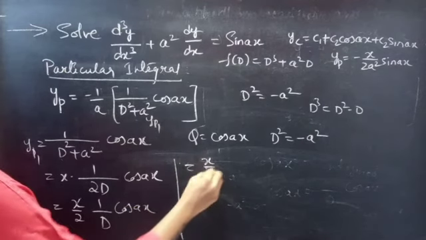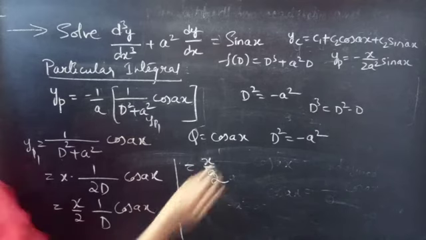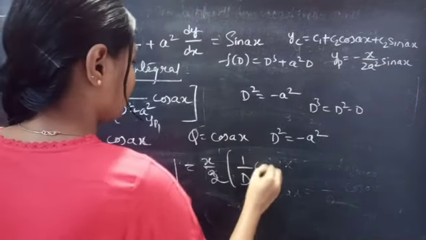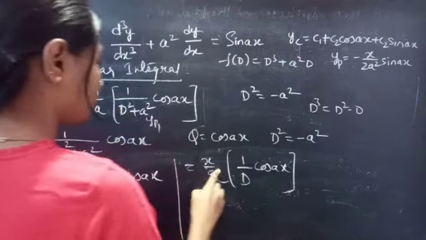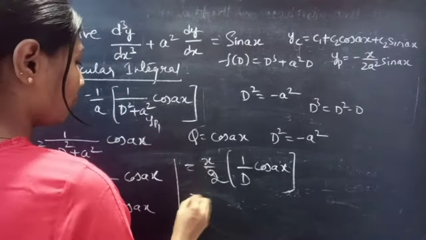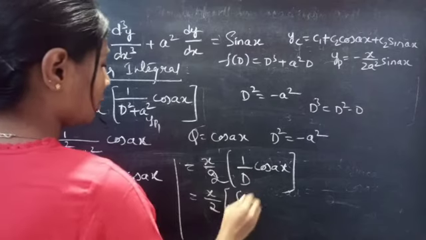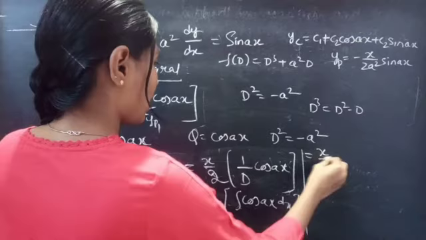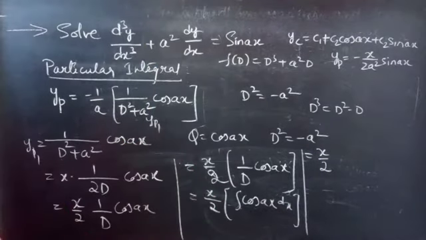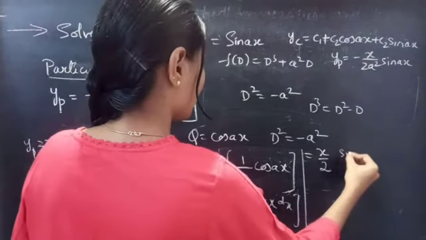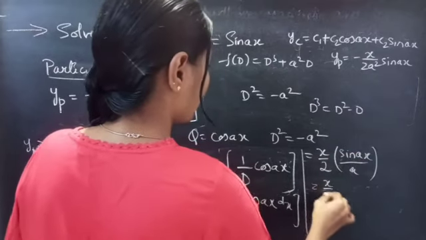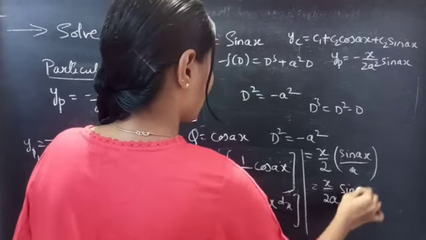Now we can find 1 by D cos ax, which equals x by 2 into the integral of cos ax dx. The integral of cos ax dx is sine ax by a, which equals x by 2a into sine ax.